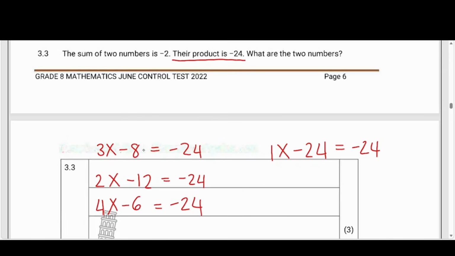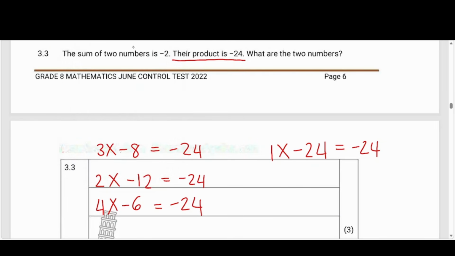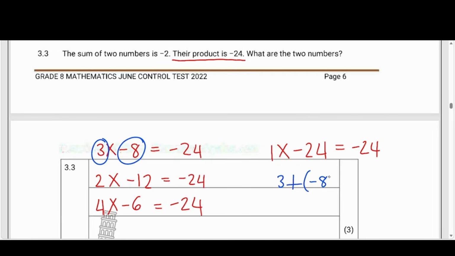Okay, so the negatives could be on either of these numbers, but I'm just putting it like this for now. We're going to now play around and see if we add any of these factors together, can I get then this sum? So they say the sum of the two numbers is negative 2. So that means if I were to say 3 add negative 8, what would that give me? So 3 add negative 8. That means 3 take away 8. So that's going to give me negative 5. So not that one.